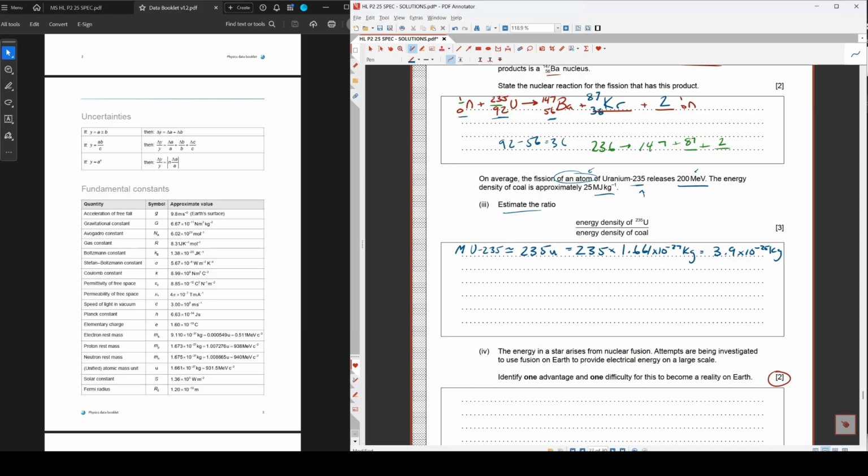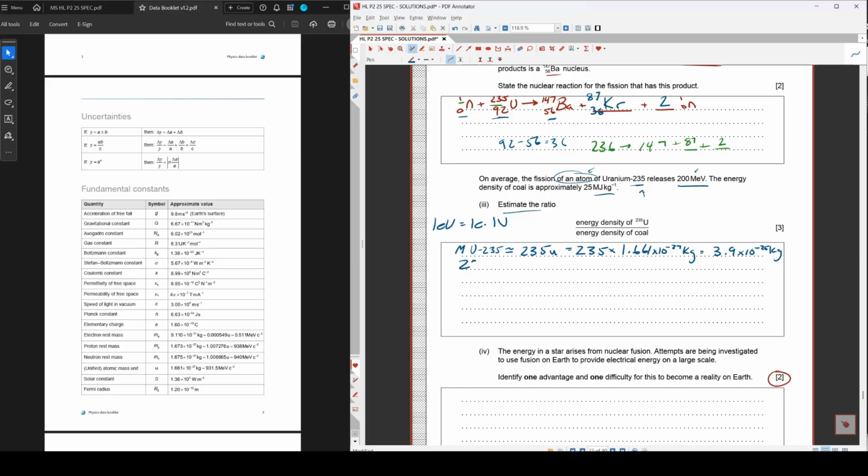I also want to compare joules per kilogram to joules per kilogram. I got my energy in mega electron volts. Remember, you have to be able to convert from electron volts to joules, which is not in here. You got to know 1 eV is 1 e times 1 V. It's an elementary charge times a volt. A volt's a joule per coulomb. This gives you your energy in joules. So an electron volt is this many joules of energy.